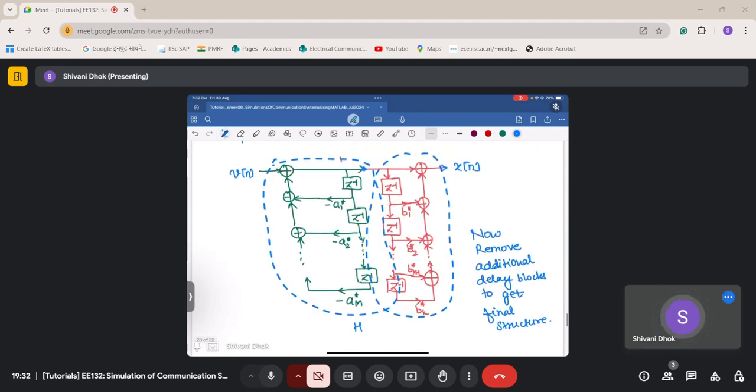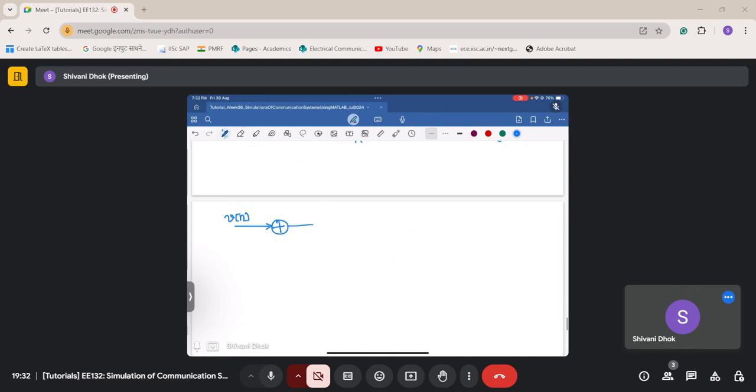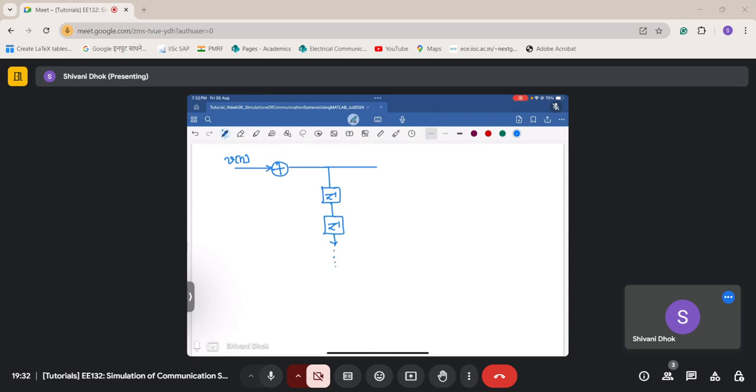So this structure will repeat as it is. And then we will have delay blocks. Something like this.